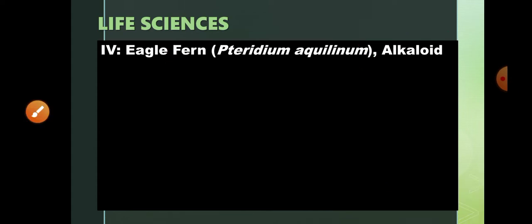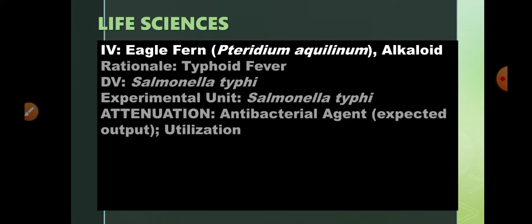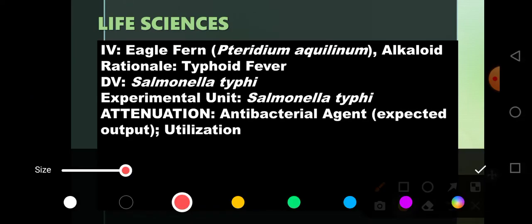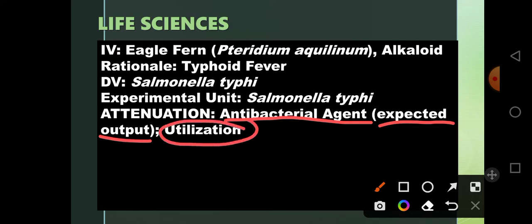Then we also have the following. We have typhoid fever as our rationale or existing problem. Salmonella typhi as our dependent variable. Okay? Then we have antibacterial agent as our expected, let's say, output of the study. Okay? And we have utilization as our attenuation process.